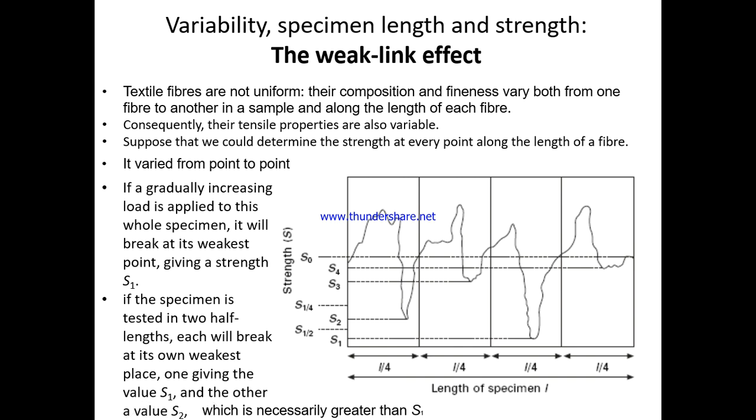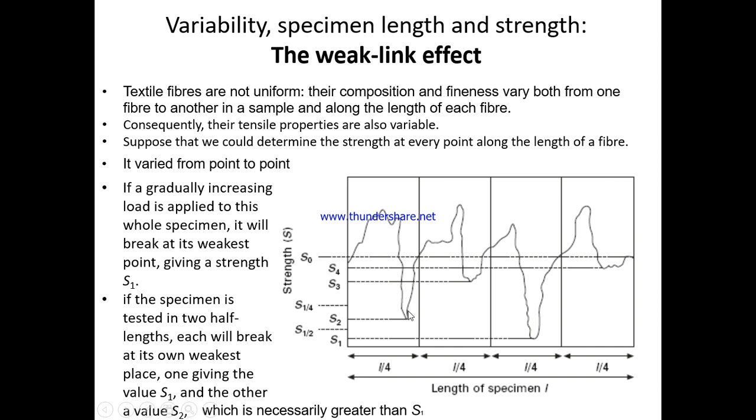Now I shall discuss the variability, specimen length and strength, the effect of specimen length on its strength. The variability effect has been discussed by the weak link effect. We have to understand this graph where the strength versus length of the specimen has been plotted. The strength of the fiber specimen is measured for each and every point along the length of the fiber, and this kind of trace has been observed.